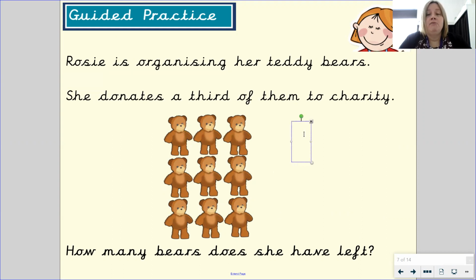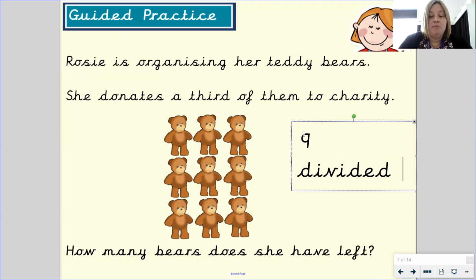So we could write this as a division calculation, and we could write 9 divided by 3 equals.